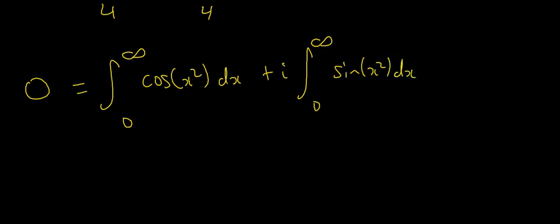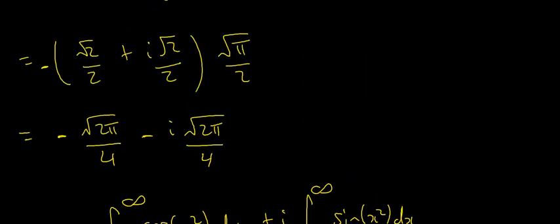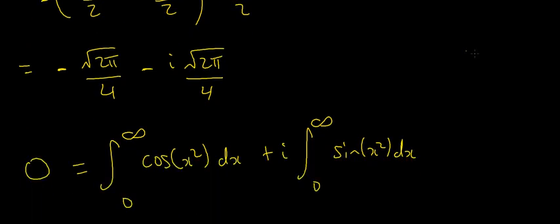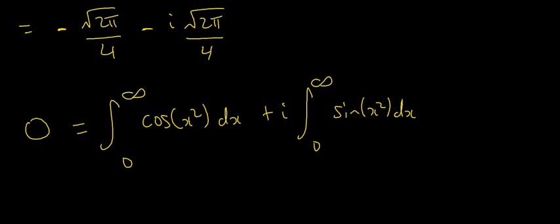And I had the integral over the curve gamma was equal to 0 as r went to infinity. And then we're going to have this term here from the contribution over the ray tending towards the origin. So this is going to be minus root 2 pi over 4 minus i times root 2 pi over 4.